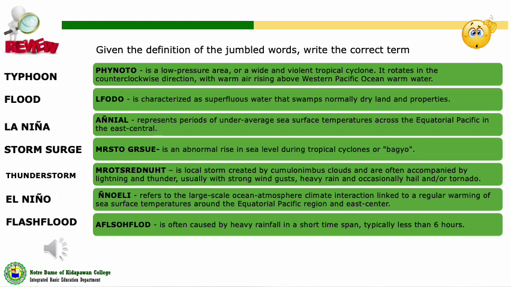Then the last one, we have AFLSOFLOD, which is often caused by heavy rainfall in short time span, typically less than 6 hours. All right, so the correct answer is flash flood.